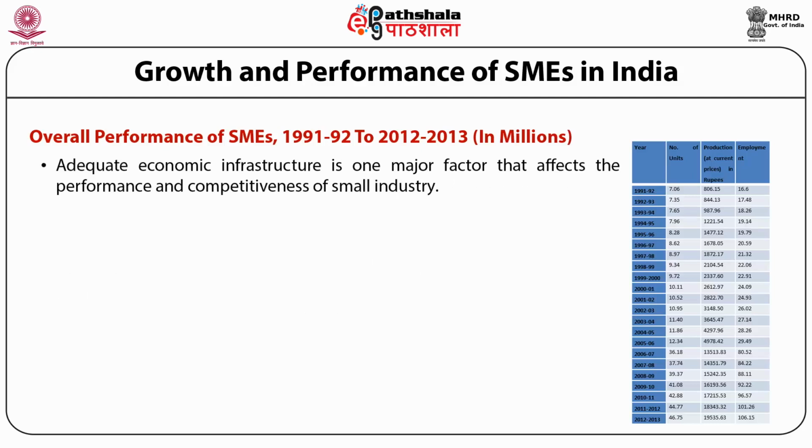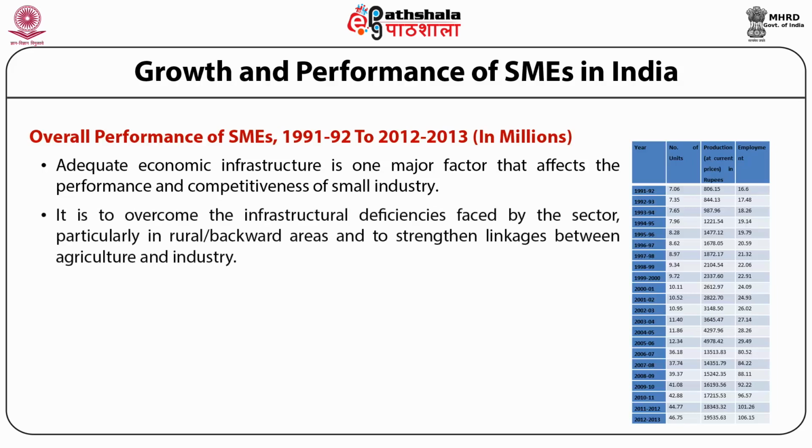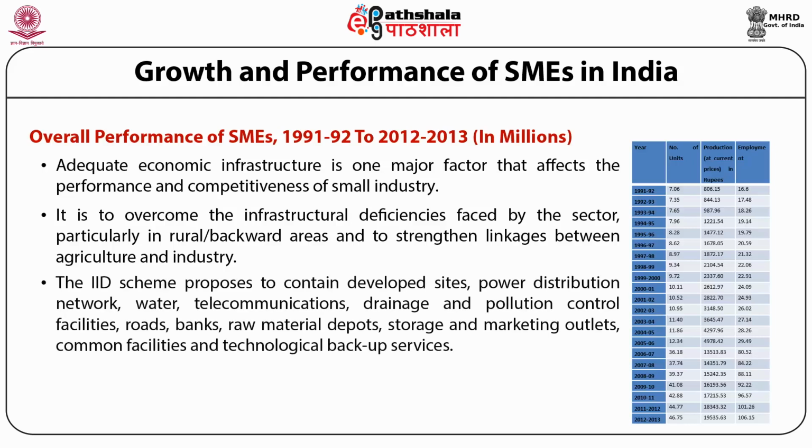Adequate economic infrastructure is one major factor that affects the performance and competitiveness of small industry. It is to overcome the infrastructure deficiencies faced by the sector, particularly in the rural backward areas, and to strengthen the linkages between agriculture and industry that the government introduced the Integrated Infrastructure Development, that is IID scheme in 46 centers in 1994.